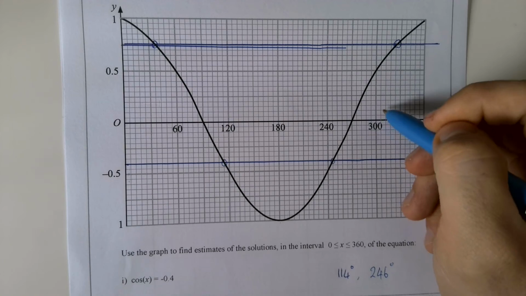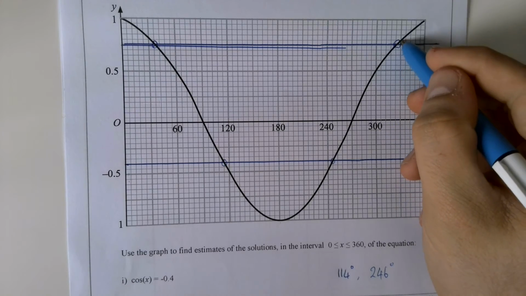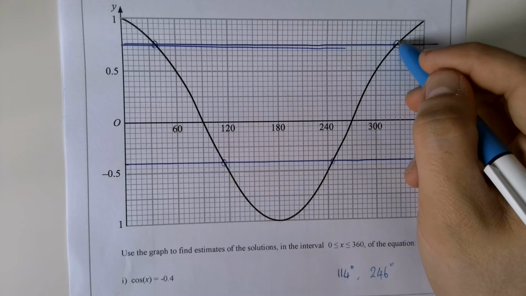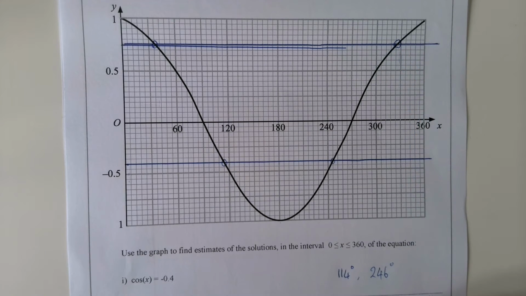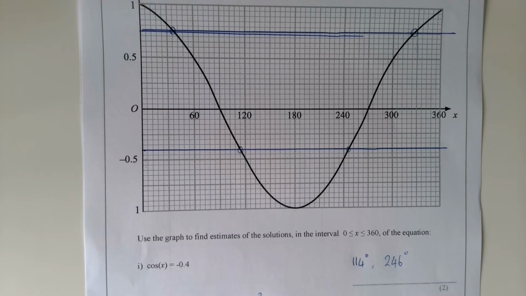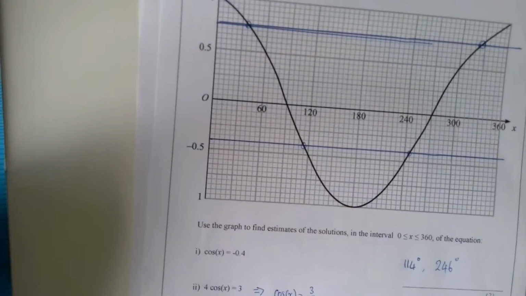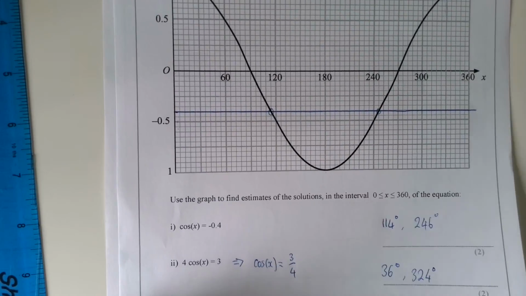And this one here, well, I've got 300, 360. That means that this line represents 330, and it's 6 degrees before there. So 324 degrees. Okay, so that would be how you would approach that question. Make sure you are making reference to the graph. Don't just use your calculator, because it will not show you all the values.